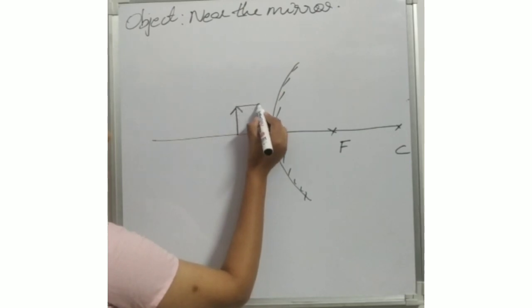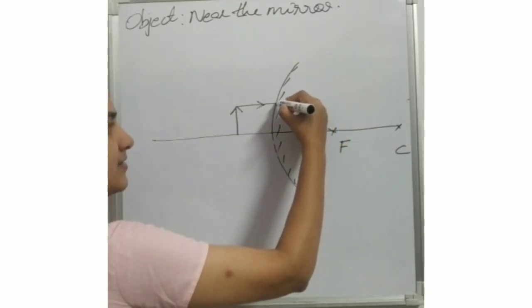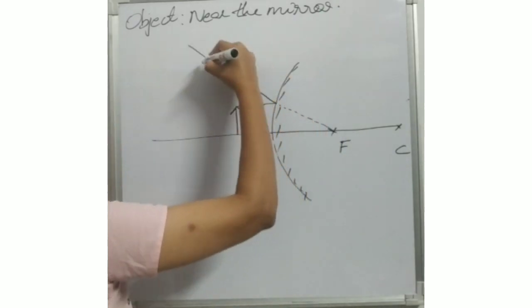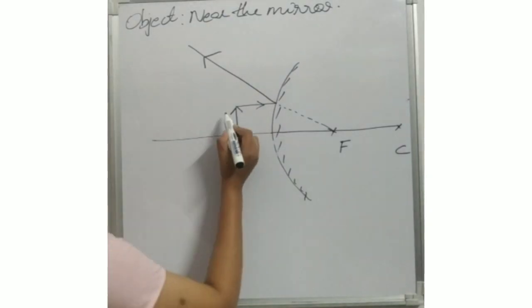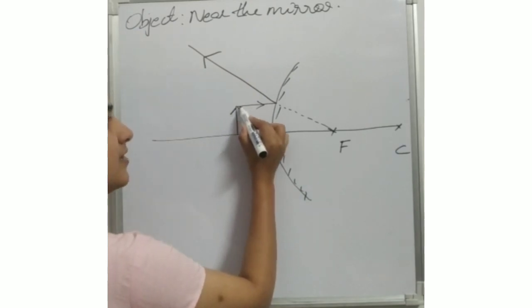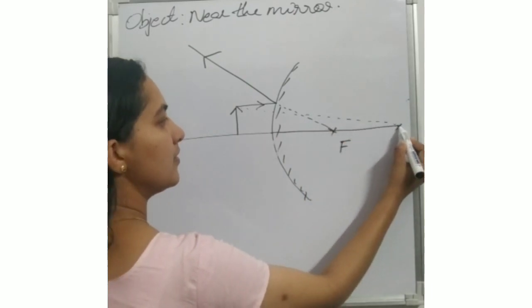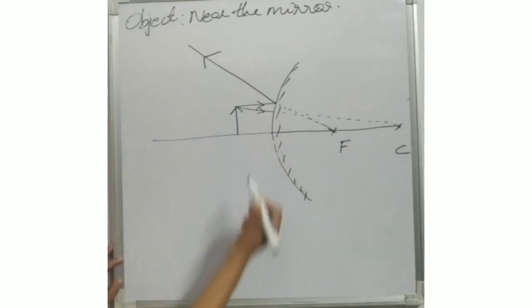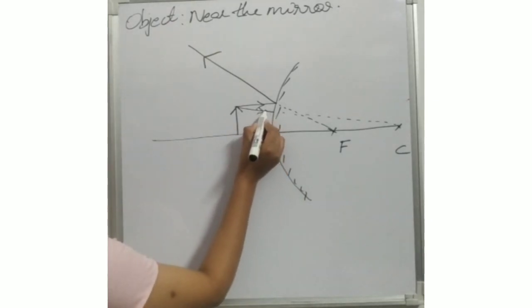If a ray comes parallel to the principal axis, it will reflect as if coming from the focus. Now if a ray comes as if it is going to C, the center of curvature, it will follow the same path.